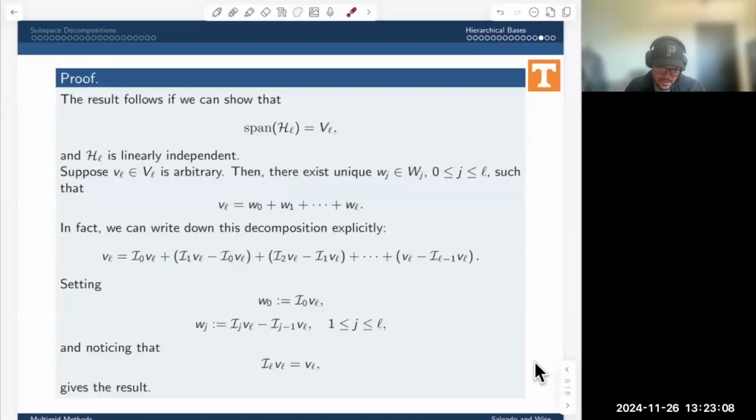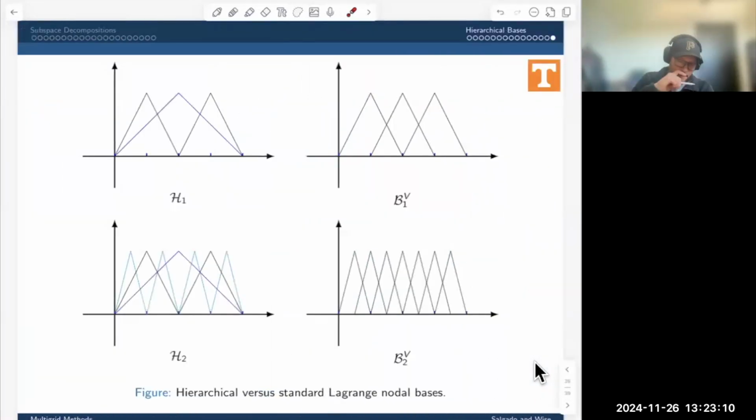So do I have a picture of that? Let me see if I do. Here we go. So we'll come back to the proof, but let me give you the proof by picture first. All right, so now the first thing that should be clear is H0 and B0V are exactly the same. They both consist of just one element, which is just this function here, this hat function.